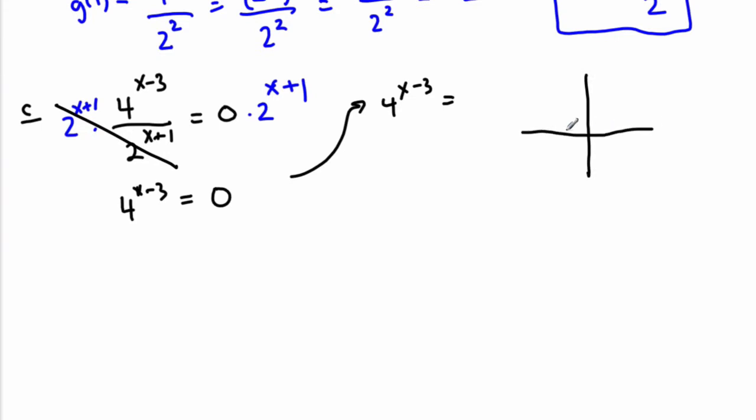So here's an exponential function, like y equals 4 to the x. It never equals 0. All this does, x minus 3, is move it over 3 units. Still never equals 0. So the answer to this is no solution.